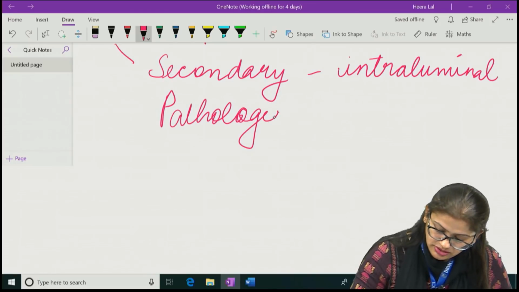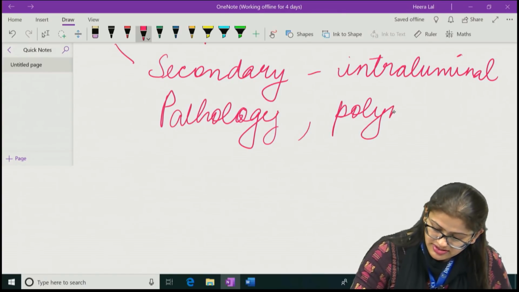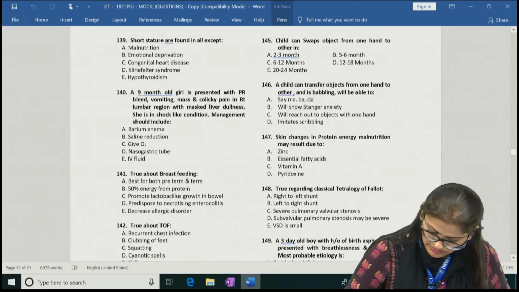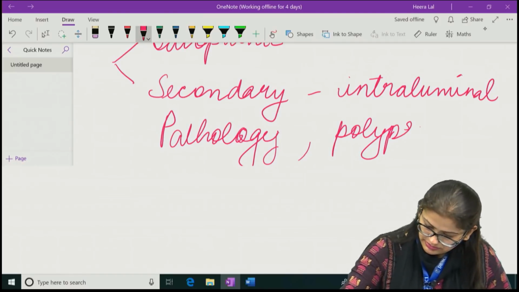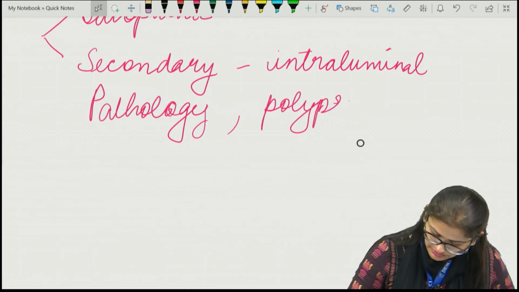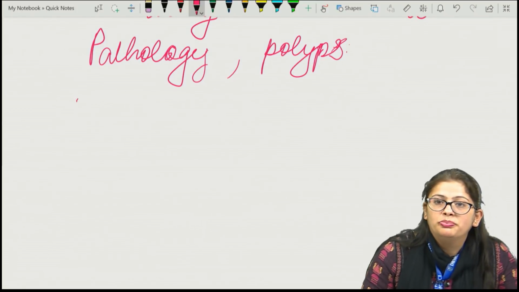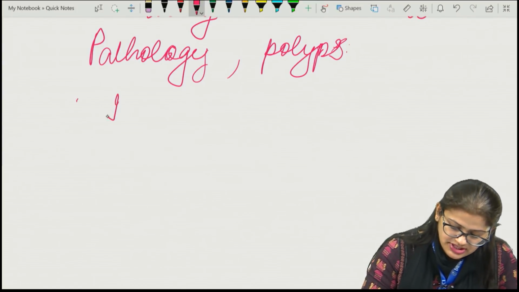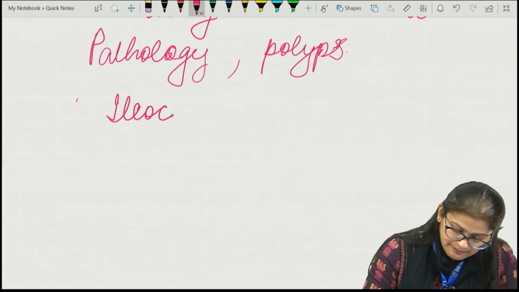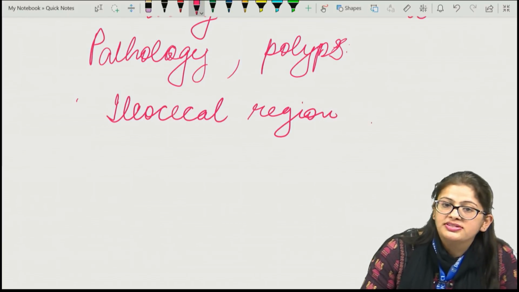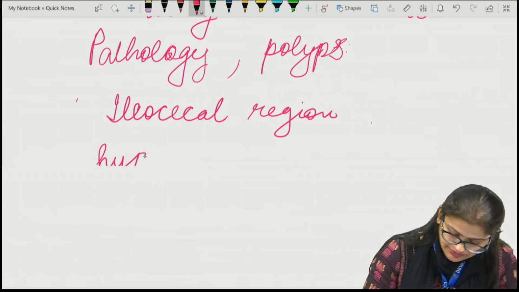It could be an intraluminal pathology like polyps or growths, or submucosal masses. So the most common site of the idiopathic variety is the ileocecal region, and the most common lead point is a hypertrophied Peyer's patch.